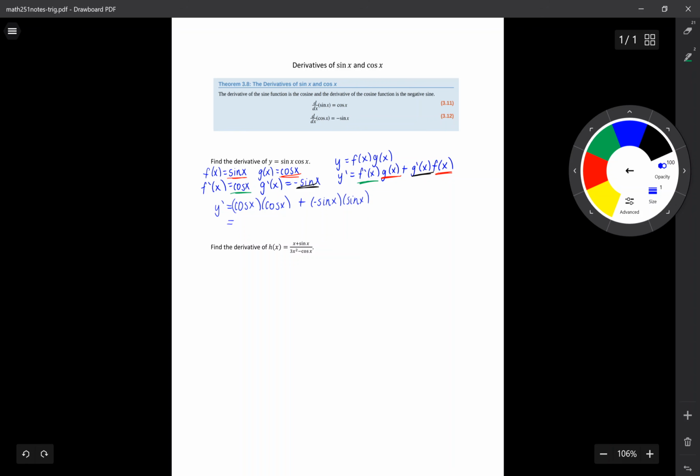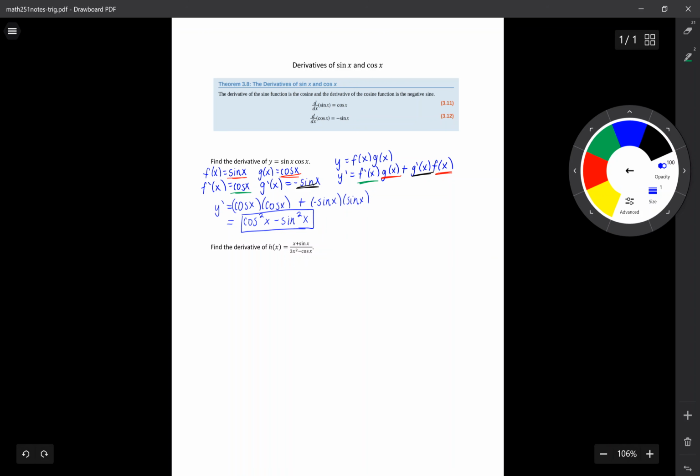And if we simplify this a little bit, we can say that this is cosine squared of x minus sine squared of x. And this is really close to being a trig identity, but it's not quite there. So this is as simplified as we can leave it. This is our derivative.